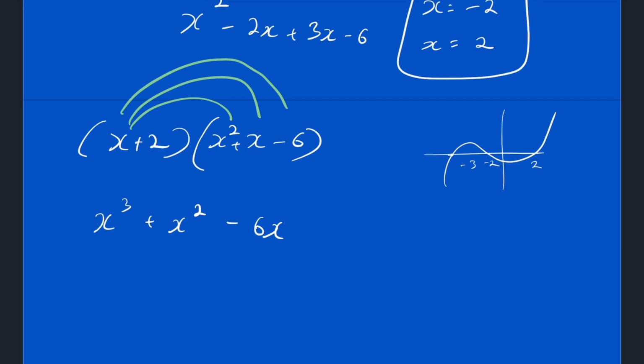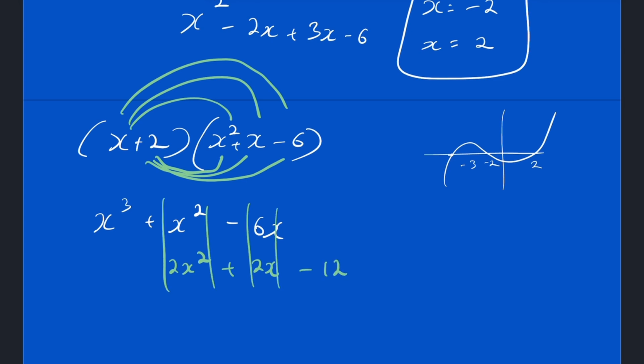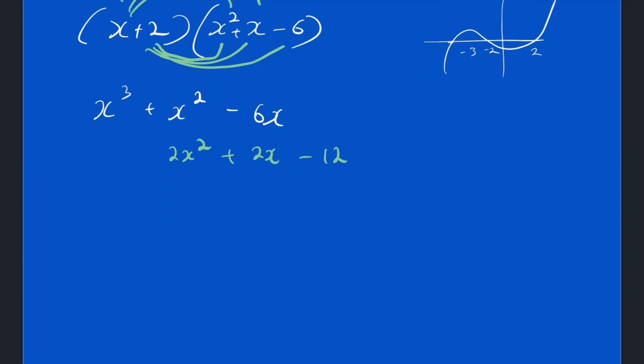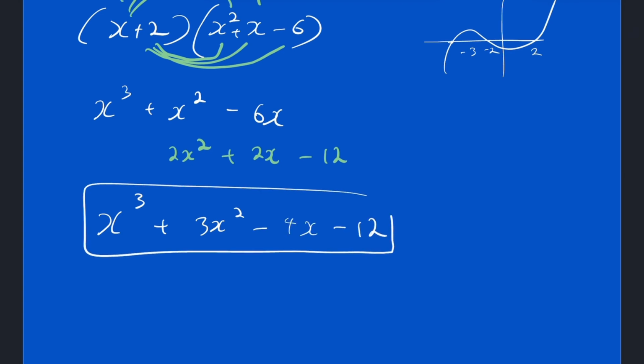And then for the next one, we do 2 times x squared, which is going to be 2x squared, 2 times x, which is going to be plus 2x, and then 2 times minus 6, which is going to be minus 12. You see how I've layered them, as these now can be put together. Adding that all together is going to give you your cubic, which is x cubed plus 3x squared, and that's going to be minus 4x minus 12. And that is your cubic there.